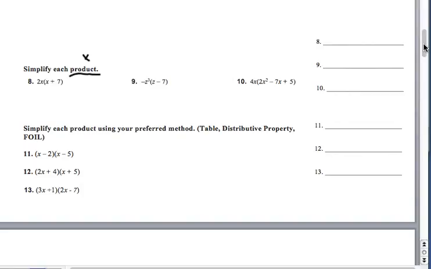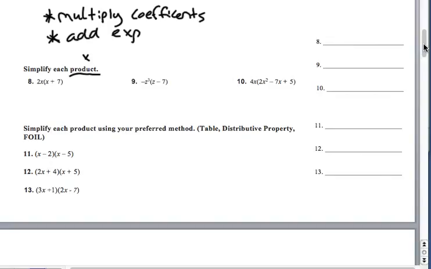The note here is we're going to multiply coefficients. And now when we're multiplying, this does change exponents. At this stage of the game, we're going to add exponents.